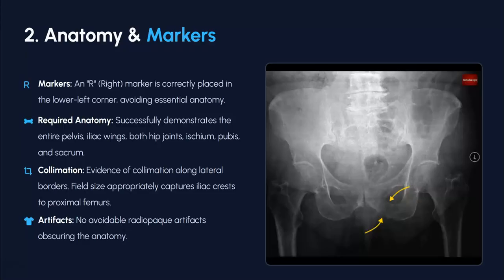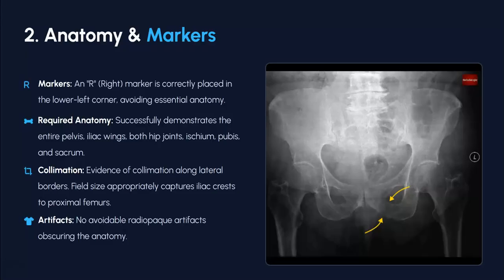Moving medially and inferiorly, we can evaluate both the left and right hip joints, including a clear margin of the acetabulum seated over the femoral heads. We can fully visualize the ischium, the pubis, and the symphysis pubis in the midline, the sacrum, and the coccyx, as well as the proximal aspect of the femurs.